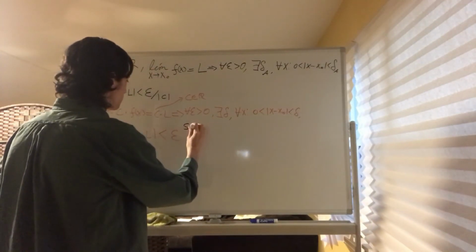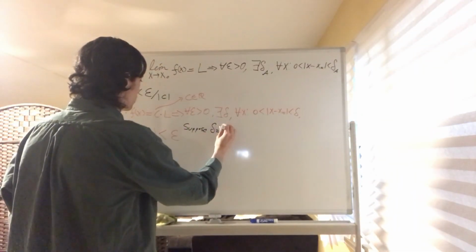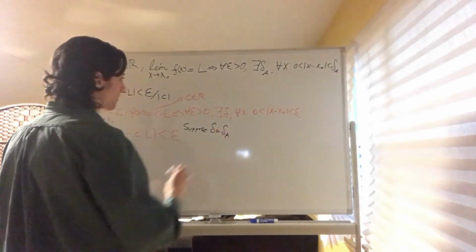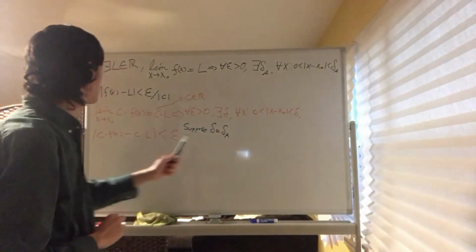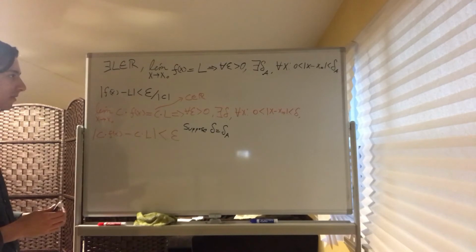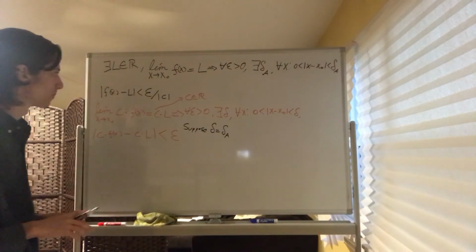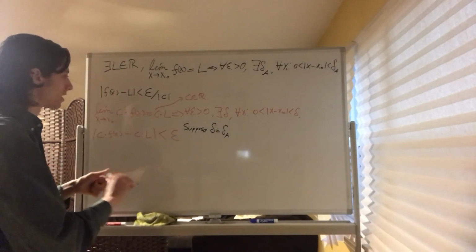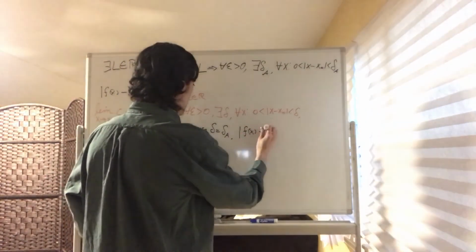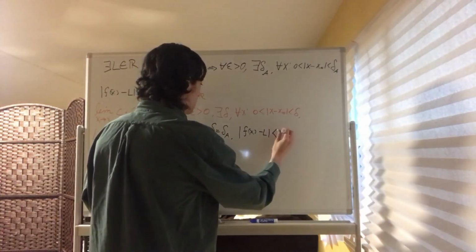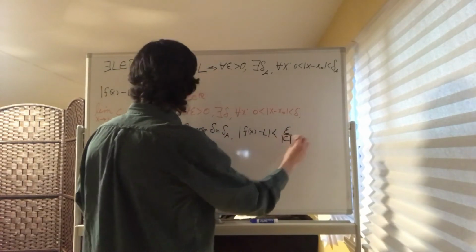So let's just suppose delta is equal to delta A. Therefore, whenever x is within delta of x naught, we know that this inequality is true. And we're trying to show that with the same condition for x, this bottom inequality is true. So we can safely assume that the distance between f of x and L is less than epsilon divided by the absolute value of c.